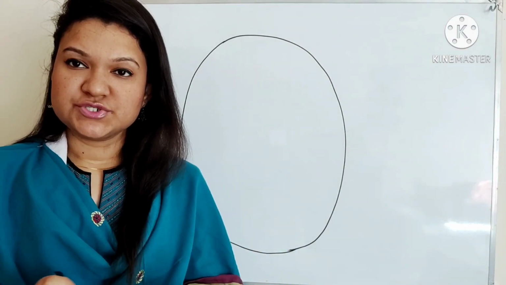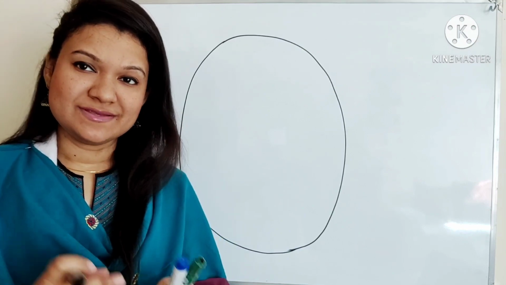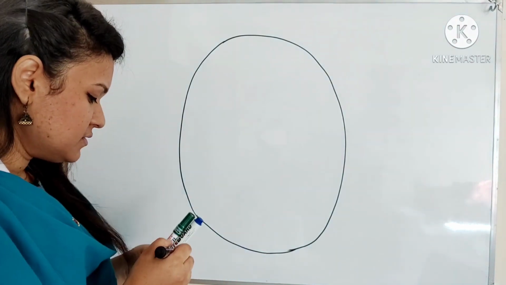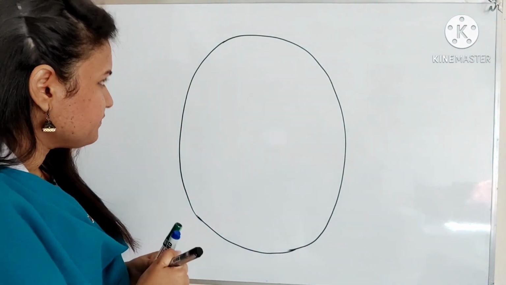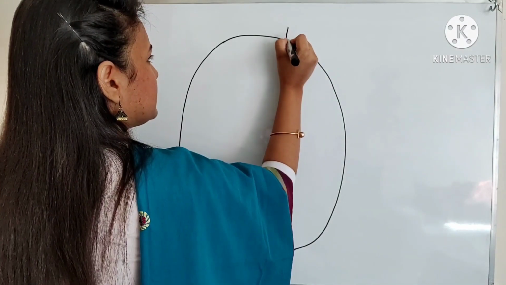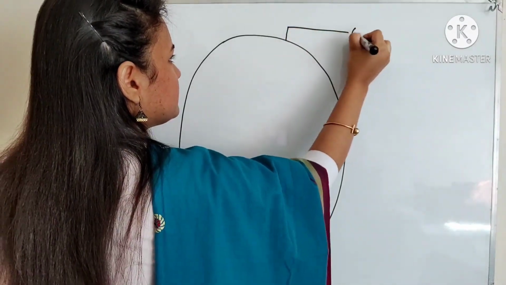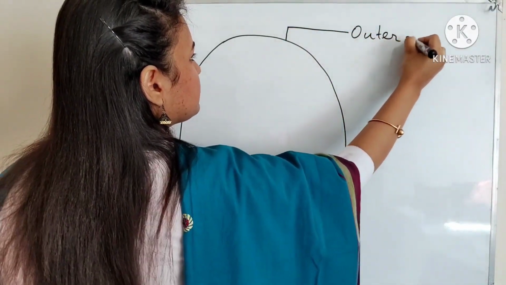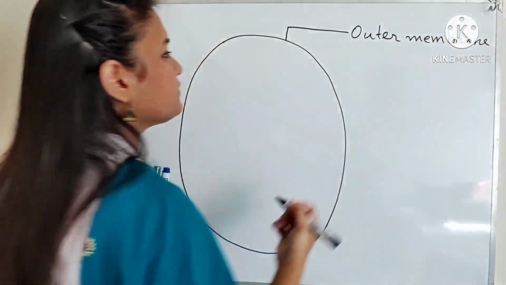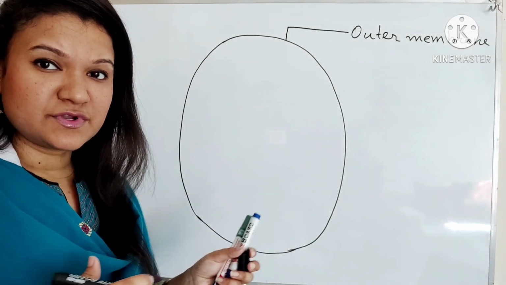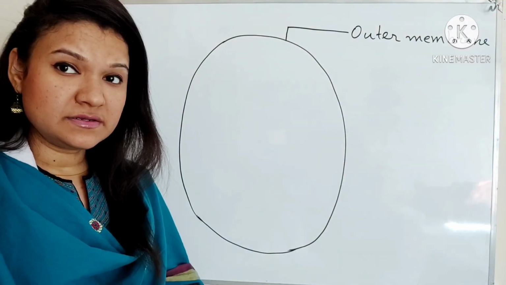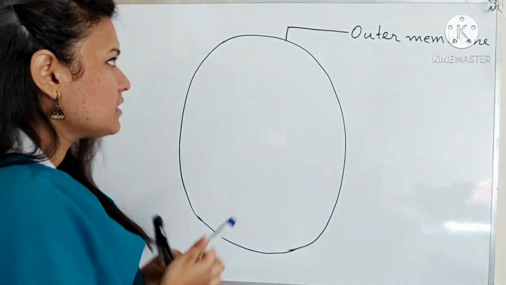Mitochondria actually have two layers. One is the outer membrane and another is the inner membrane. So this is the outer membrane, and this outer membrane is smooth, and then the inner membrane.